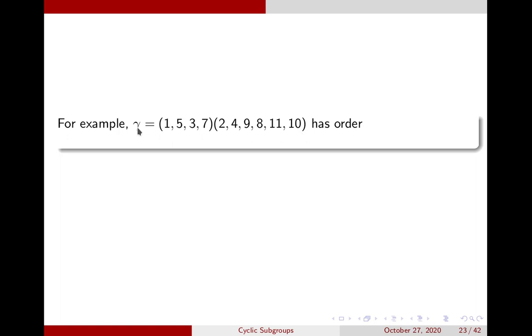So the order of gamma will be the smallest positive integer that's both a multiple of 4 and a multiple of 6, the least common multiple of 4 and 6. What is the smallest common multiple of 4 and 6? It's 12. Gamma has order 12.